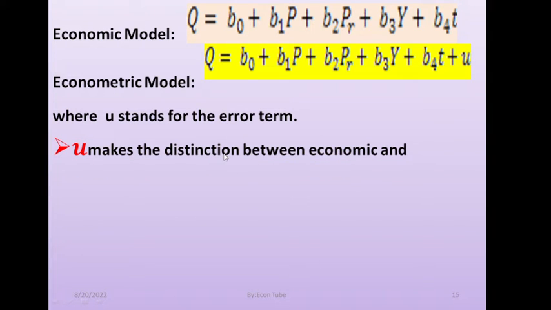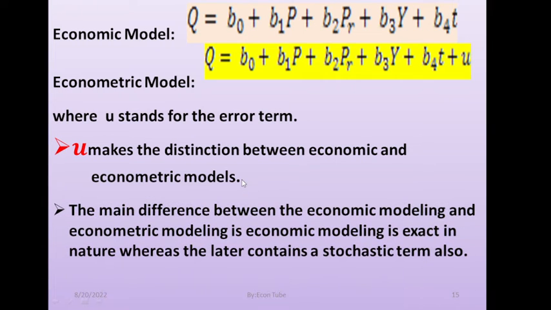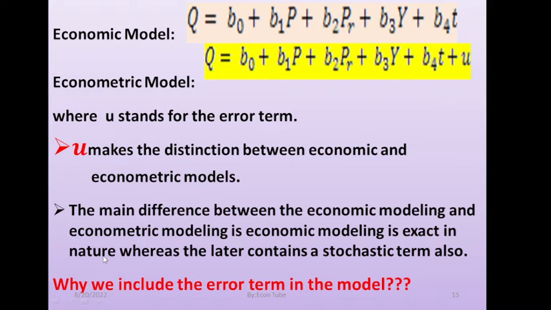U makes the distinction between economic and econometric models. The main difference is that economic modeling is exact in nature, whereas an econometric model contains a stochastic term.